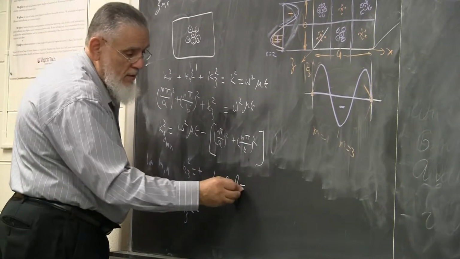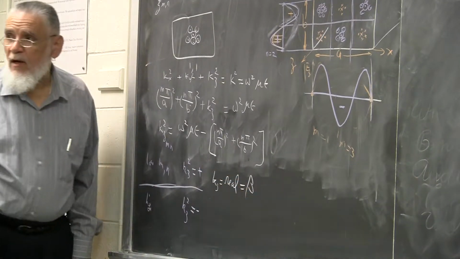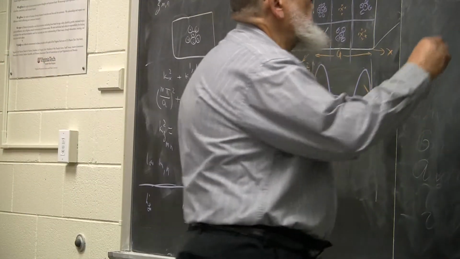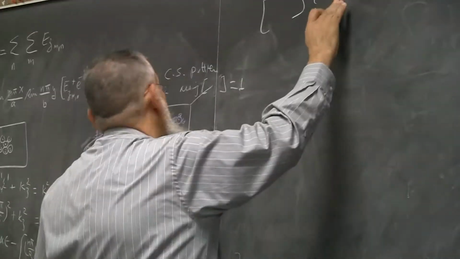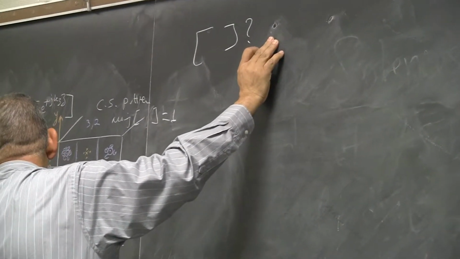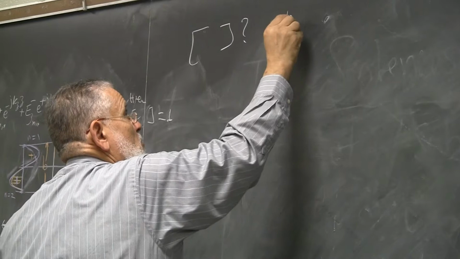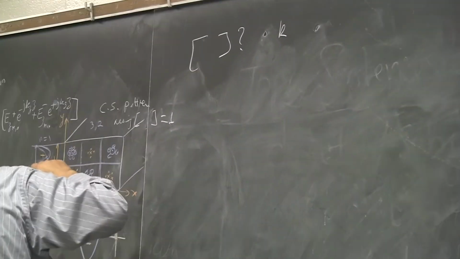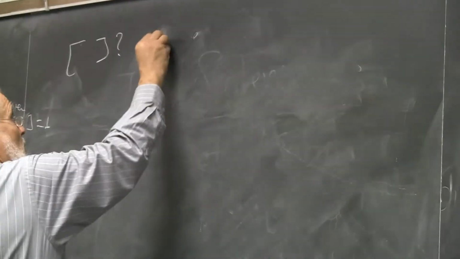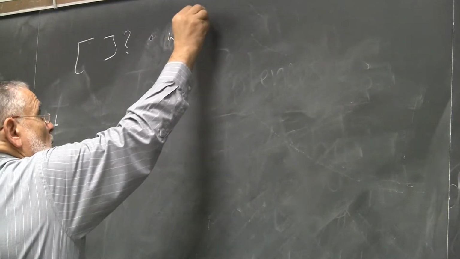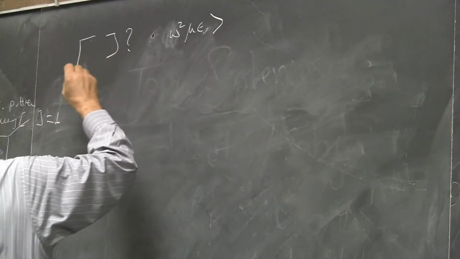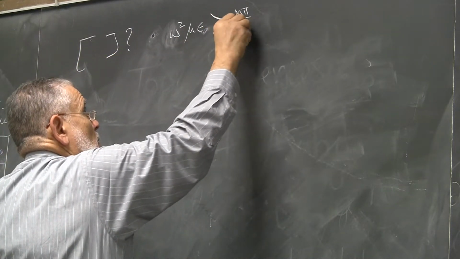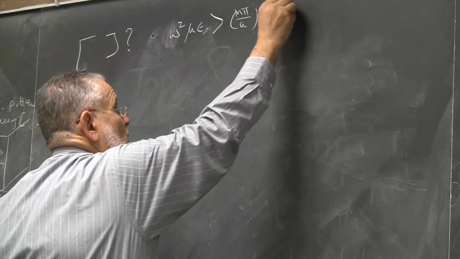I'm going to call it beta, for obvious reason. Because the solution would be, in this case, the case of k sub z squared being positive. That means omega squared mu epsilon is greater than (m pi over a) squared plus (n pi over b) squared.